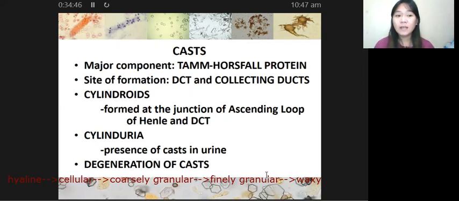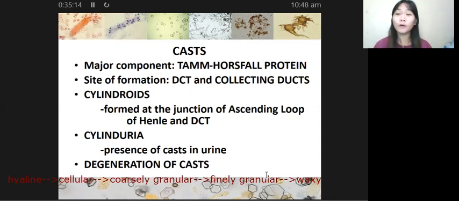Okay? Yan. So, kung i-compare naman natin si coarsely granular at saka si finely granular. Okay? So, which will indicate a higher degree of urine stasis? It's your finely granular. Okay? Cellular versus waxy, which will indicate a higher degree of urine stasis? Waxy. Naku ha?